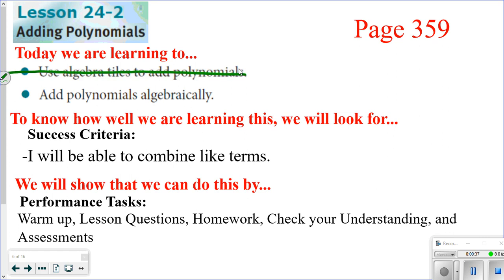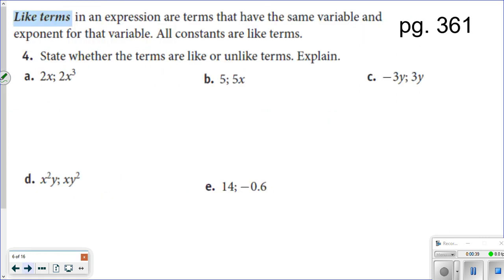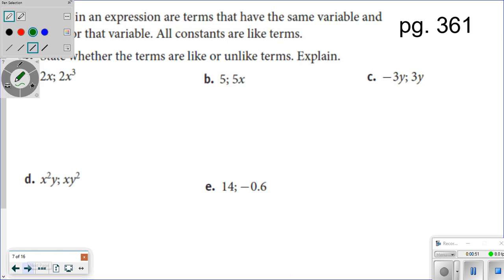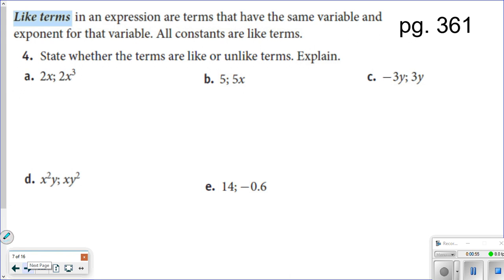So what I want us to do first is go to page 361, where you see question 4 talking about like terms. Earlier this year we talked about like terms when we were adding and subtracting for solving equations and solving inequalities.